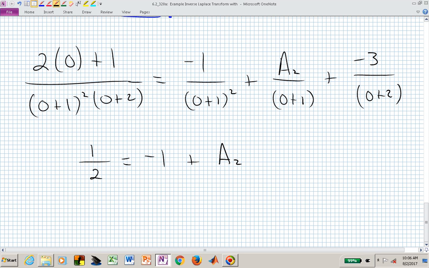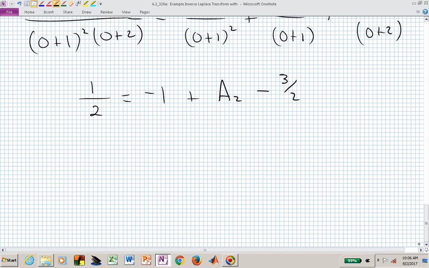And the last term is then minus 3/2. If we now simply do the algebra, if we add 3/2 to both sides, we end up with 4/2 on the left equaling minus 1 plus a sub 2, and that gives us 2 equal to minus 1 plus a sub 2.